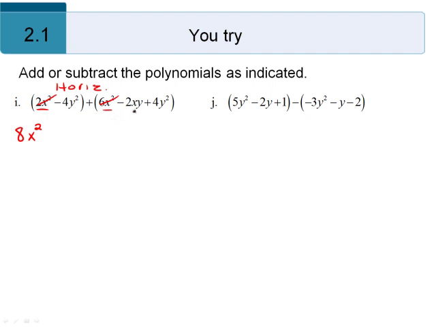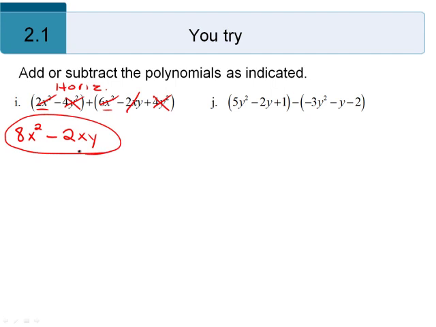So the negative 2xy, there's no other xy term, so I just bring that down, negative 2xy. Done. Now, the last term, negative 4y squared and positive 4y squared, well, those are exact opposites. They completely cancel out to 0. So your answer is just 8x squared minus 2xy.